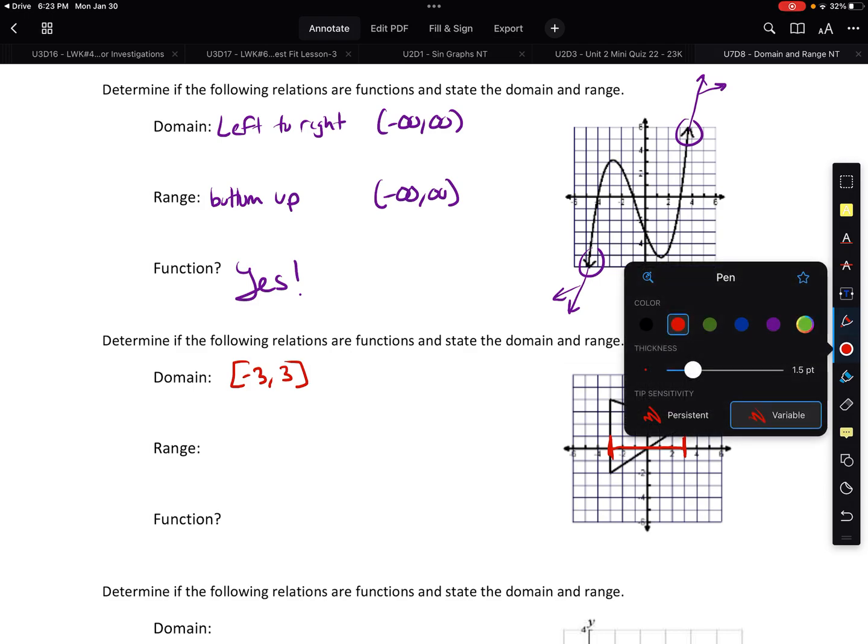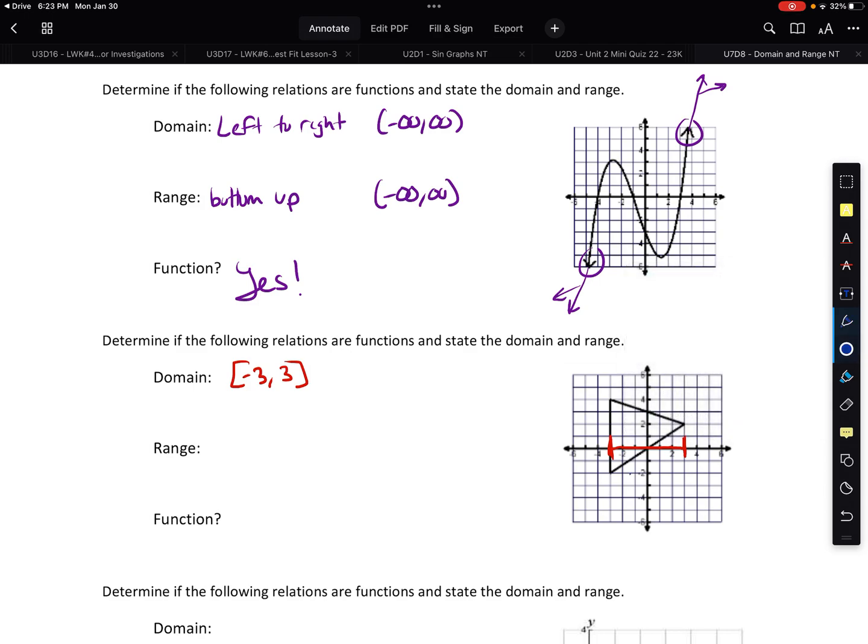Range, on the other hand, that's how we check out range. Our first y value is there, and we go up, consistent, consistent, consistent, and our last y value is there. And so every y value between there is present. So I have -2 to 4, and they're both included. Is this a function? No way. I can draw multiple vertical lines that hit twice. All right, so it fails our vertical line test.